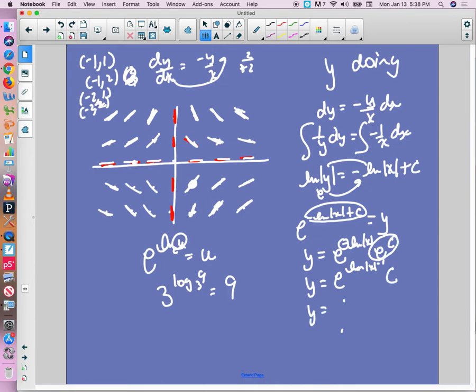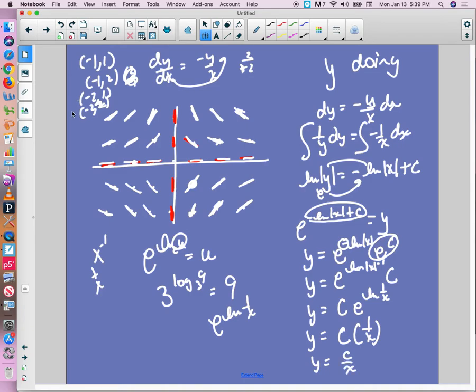So now I have y equals c e to the ln 1 over x, because x to the negative 1 is 1 over x. So you have y is equal to c, and e to the ln 1 over x just equals 1 over x. So you have y is equal to some number over x.